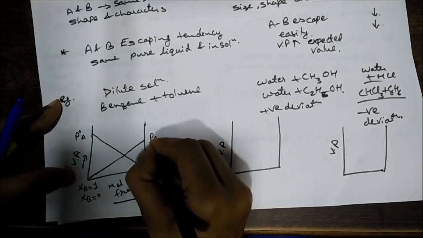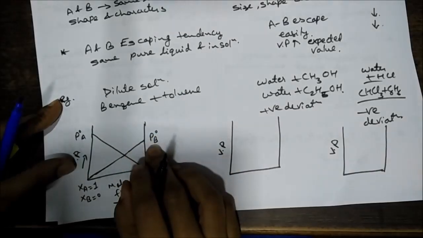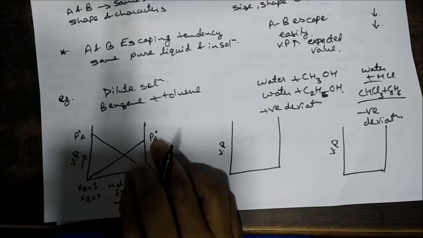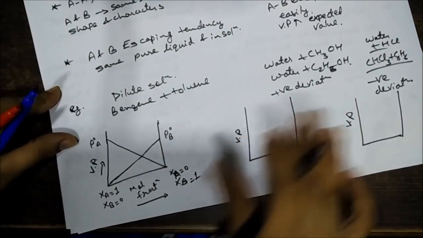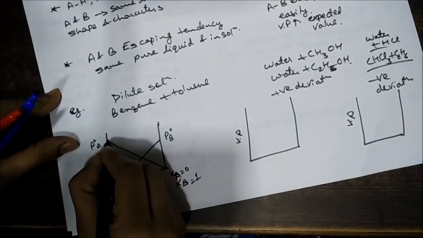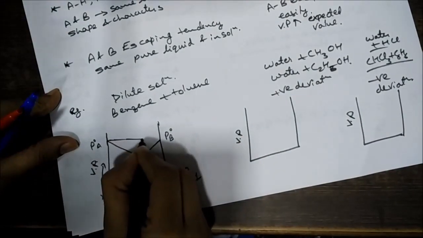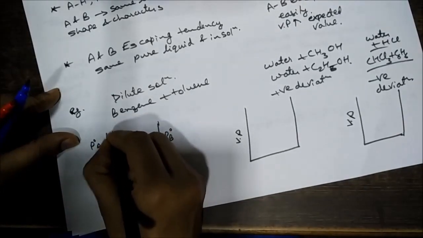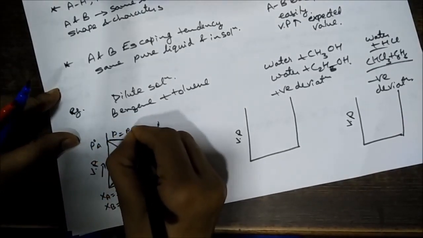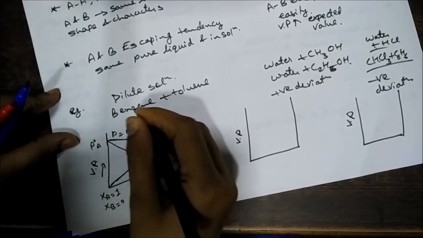This is for vapor pressure in pure state, and the total pressure will be this. So we can write P is equal to PA plus PB.